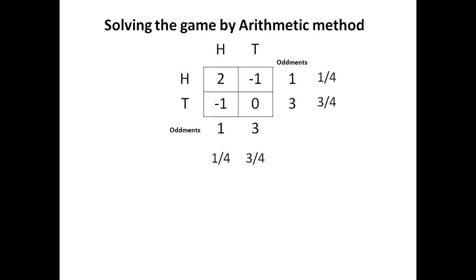Out of the four matches, the first team is going to play one match with one strategy, and the remaining three matches with another strategy, the second strategy, and one match with the first strategy.